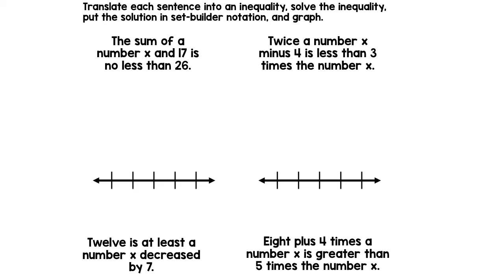We can do that. The sum of a number x and 17 is no less than, that means it's greater than or equal to, 26. Well, we need to subtract that 17 from each side. We've got x greater than or equal to 9.